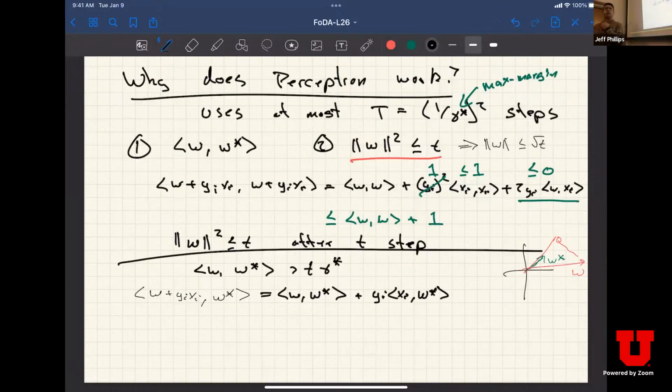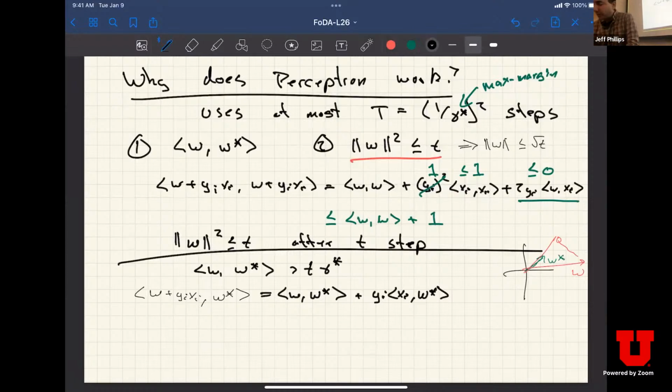What do I know about this quantity? Now I'm comparing it to the optimal one, and I know that for the optimal one, the margin is at most gamma, and so this will tell me how much it is misclassified afterwards. Well, it's classified correctly with gamma with respect to W star, and W star is the optimal.